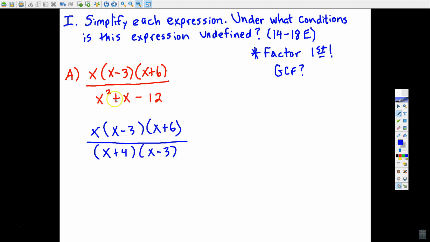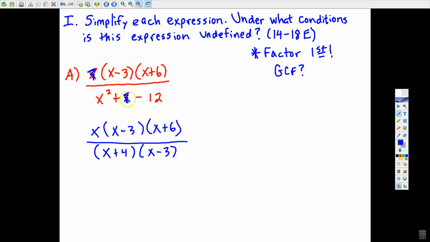So the rule of thumb is, I know I've said this before, you can always cancel factors, but you cannot cancel terms. Let me show you what I mean by canceling terms. Some people might be tempted in my original problem to cancel like this. Well, the problem with that is this x in the numerator is a factor, but this x in the denominator is a term.